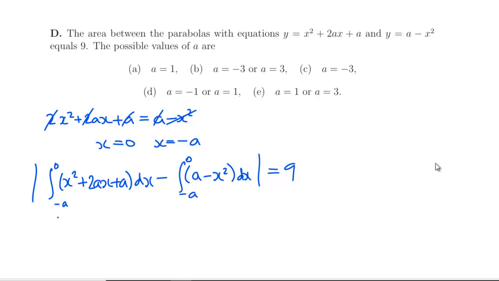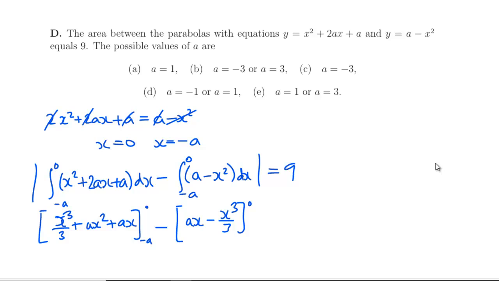It doesn't really matter which way around we put the a's, because we're taking the modulus. But anyway, let's do x cubed over 3 plus ax squared plus ax, from 0 to minus a, and then here we've got ax minus x cubed over 3, from 0 to minus a, and that's got to be equal to 9 when we take the mod of it all.